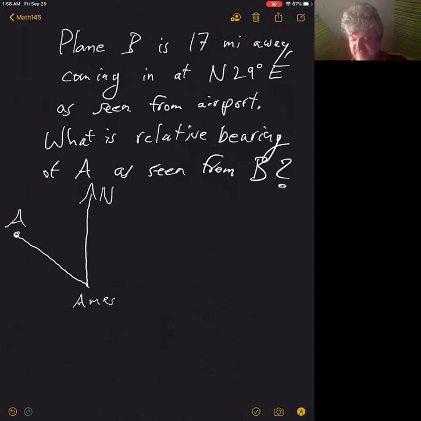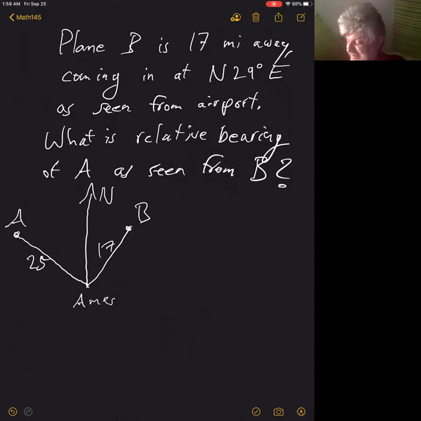This is the Ames Airport. And then you've got plane B at 29 degrees east of north. And that's only 17 miles away. So a little less. 17, 25 miles.